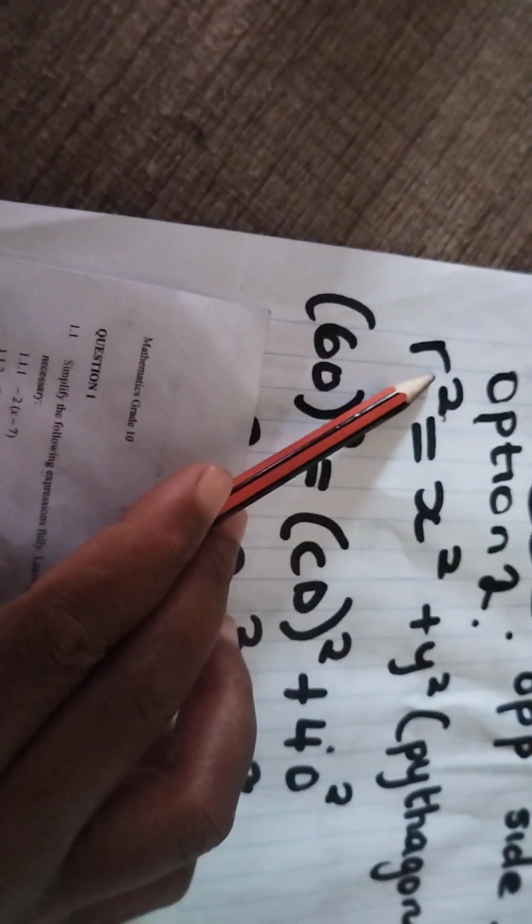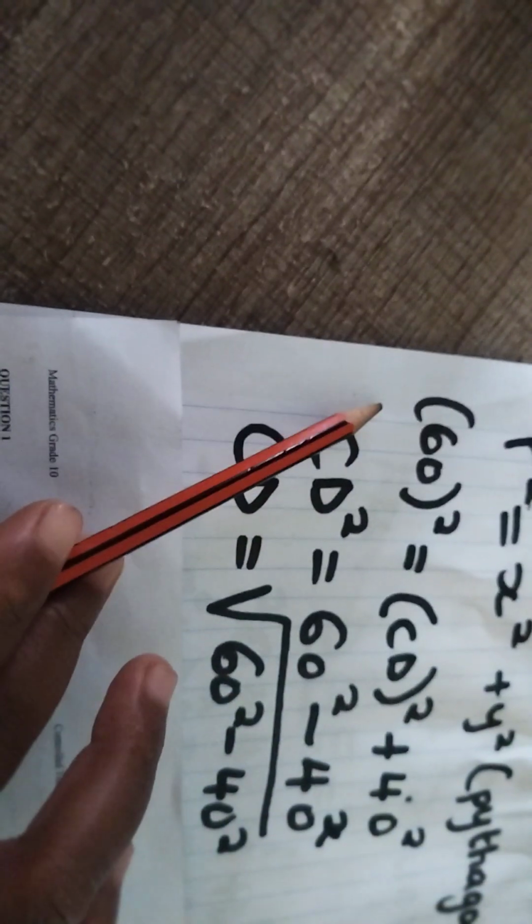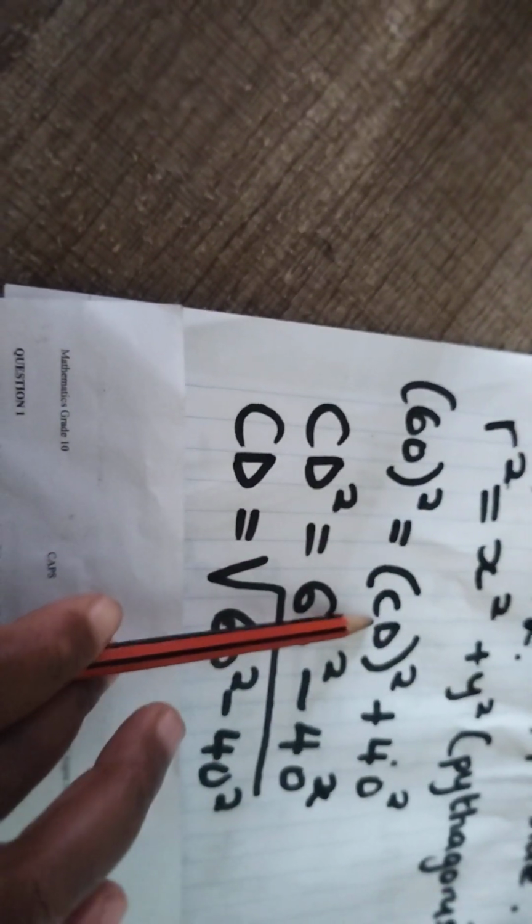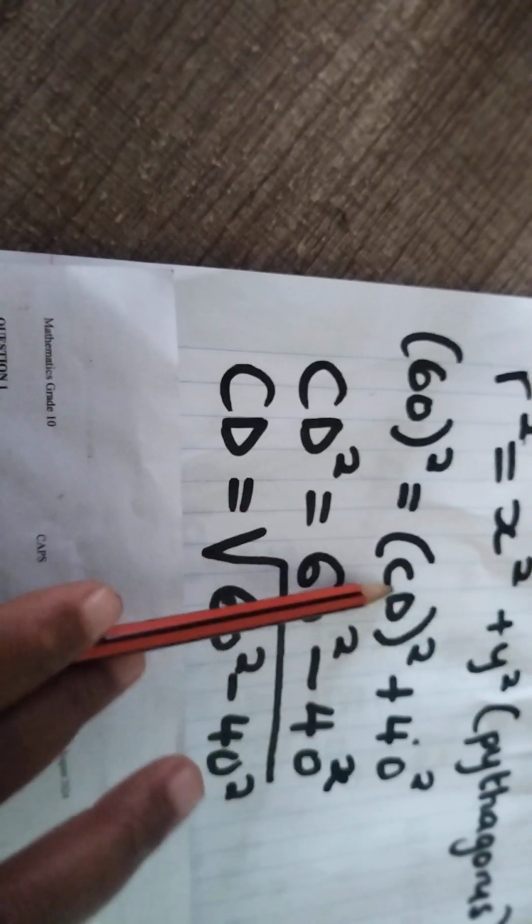The theorem of Pythagoras says the hypotenuse squared is equal to the sum of the squares on the other two sides. The hypotenuse is 60. So 60 squared is equal to our opposite, CD squared, plus 40 squared. So making CD squared the subject of the formula.